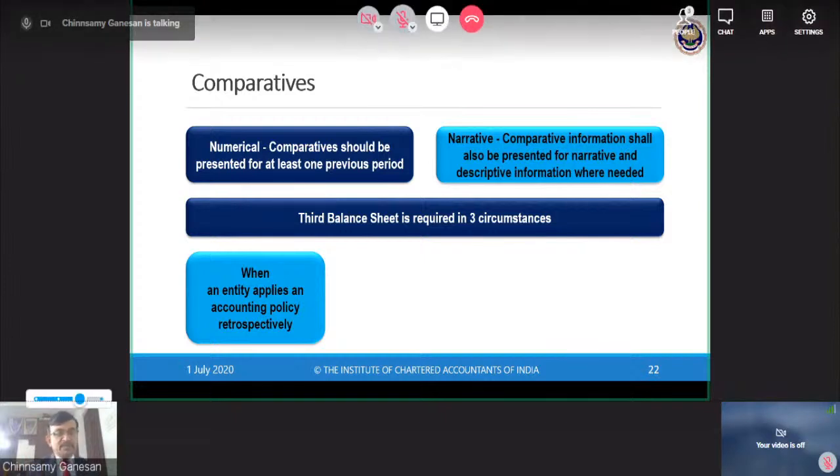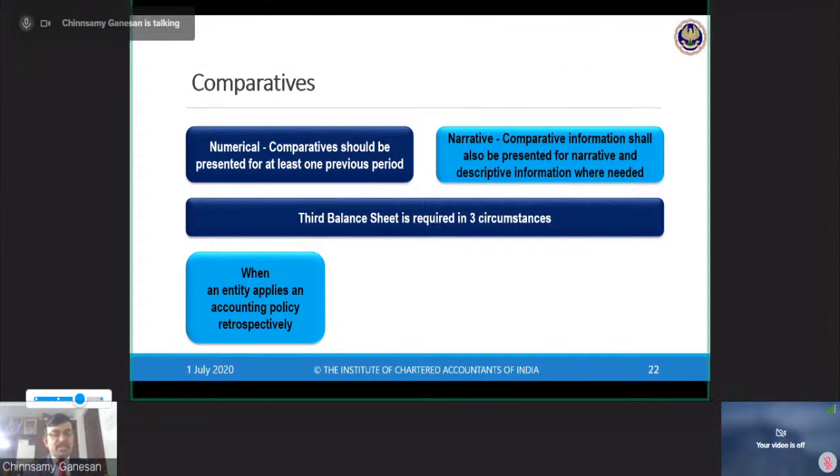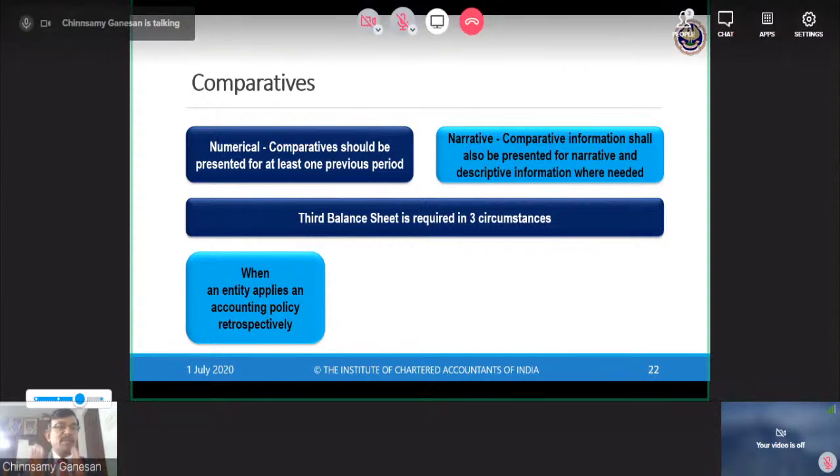So the only possibility is it will be adjusted in the opening retained earnings on the balance sheet. The opening retained earnings is coming from 1/4/2018. So the entire impact up to 31st March 2018 will be adjusted in the opening retained earnings whenever we are applying that.